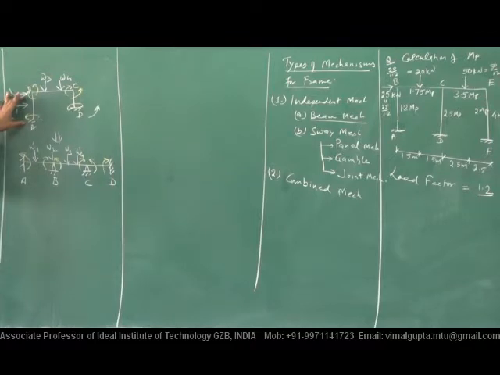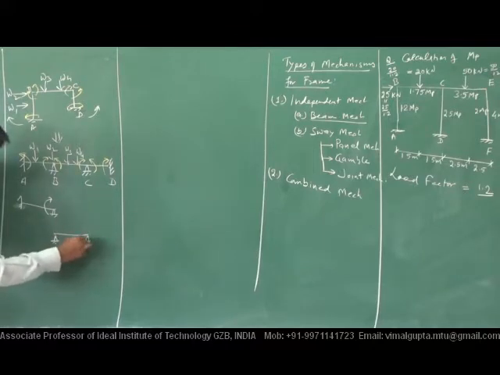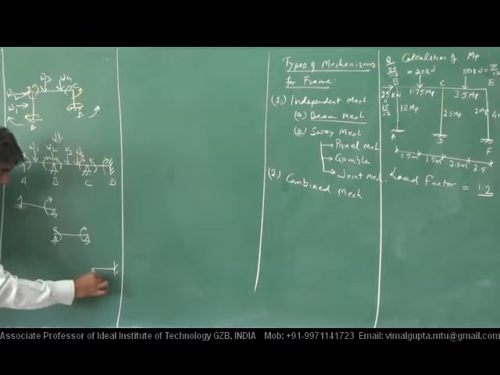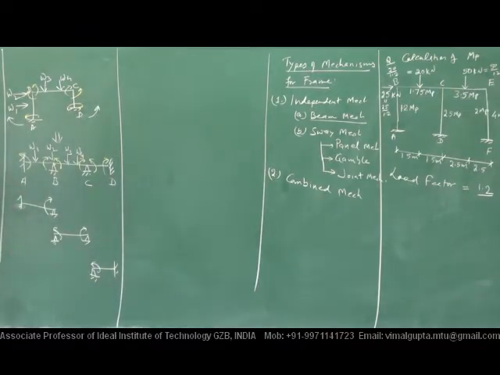Individual strength means we will consider one by one: AB, then this one, then this one. Individual strength will be considered.